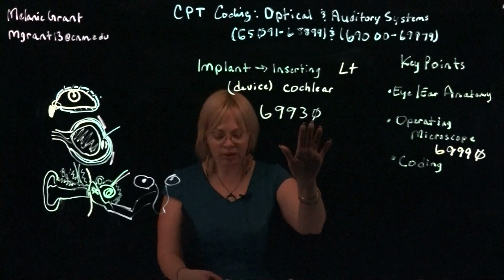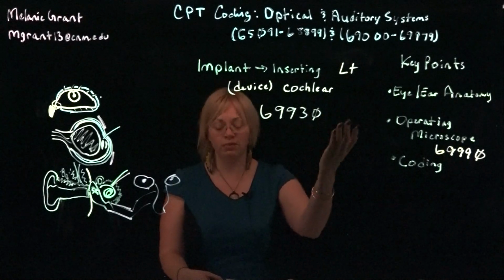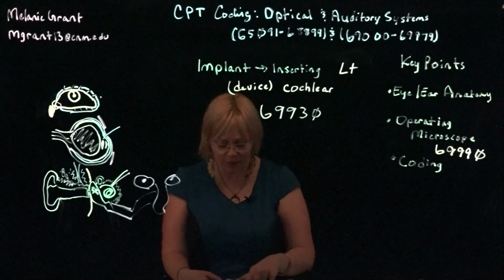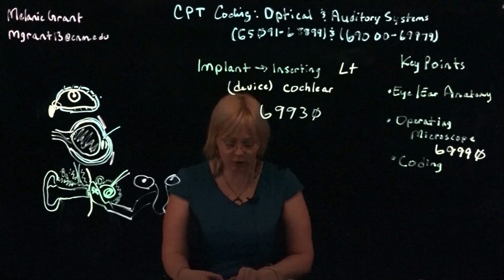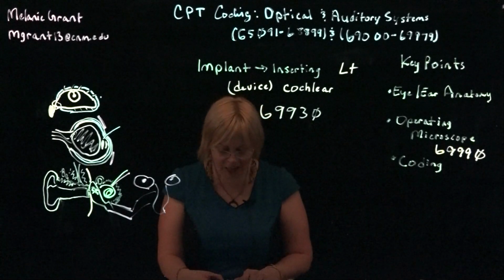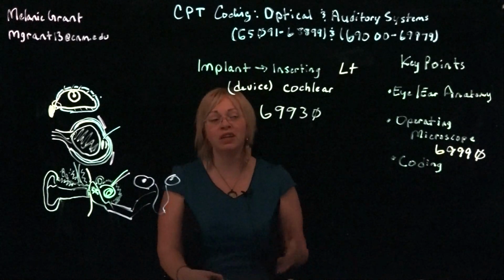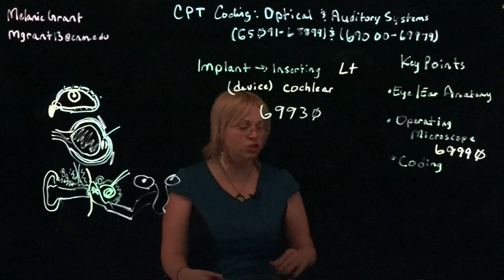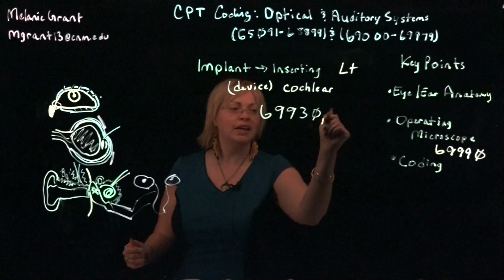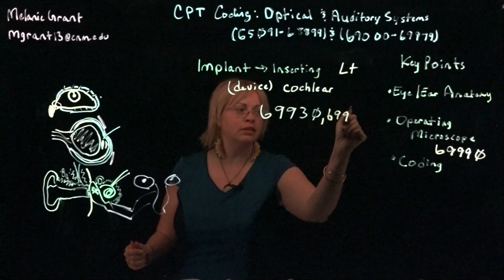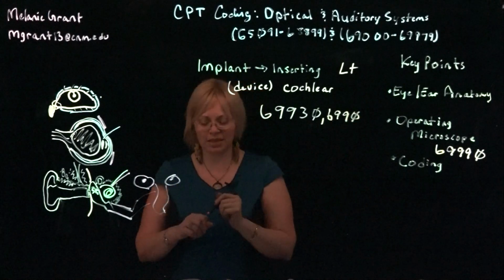I would come and I would look up 69930 first, like we did, and then I would come here on 468 and say, is 69930 part of this list? And it actually is not. So if they used an operating microscope for our procedure, then we would list our codes 69930 and 69990. Because it's an add-on code.